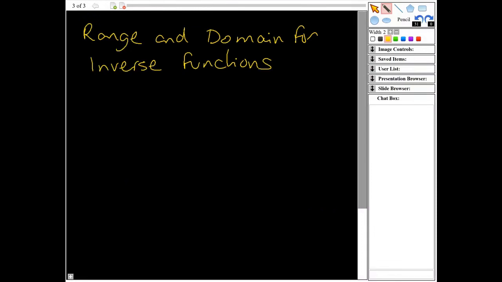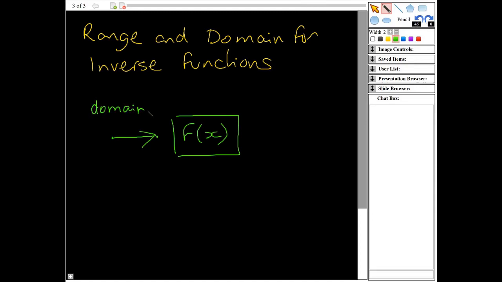Okay, so range and domain for inverse functions. If I have my function f of x, then what I put into it is called the domain, and what I get out of it will be called the range.